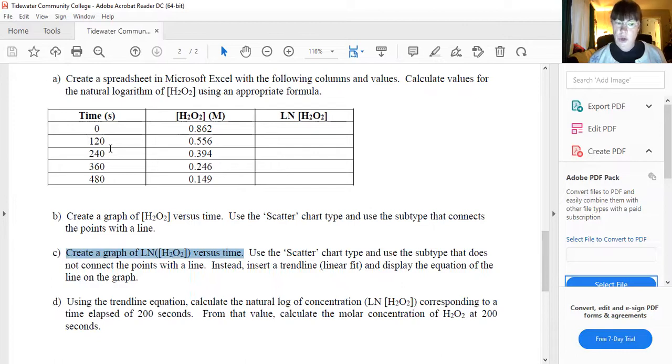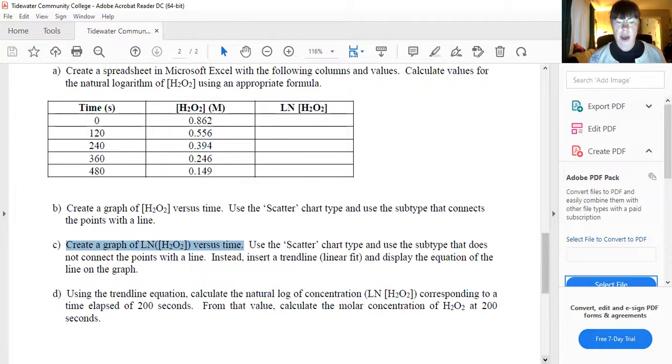This one you must use a trend line for. Make sure you hit the R value and make sure you hit display equation. Once you have generated your graph, here is how you use that equation data.